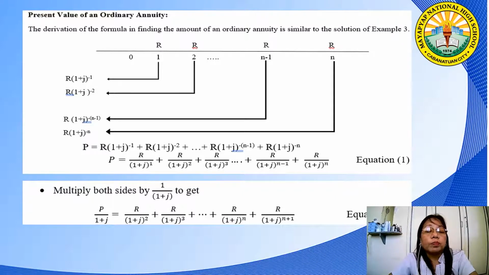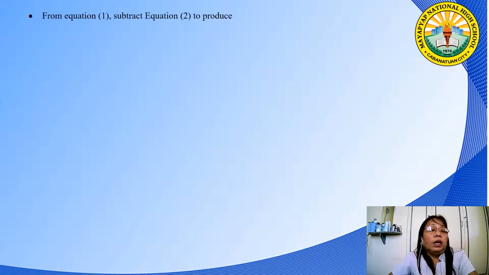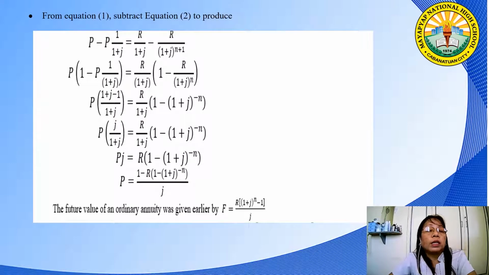From equation 1, subtract equation 2 to produce this value. So finally, P is equal to R times (1 minus (1 plus j) raised to negative n) all over j. The future value of an ordinary annuity was given earlier by F equals R times ((1 plus j) raised to n minus 1) all over j.